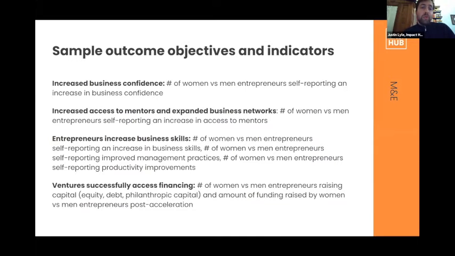So some of the key ones would be increasing confidence of those women entrepreneurs, their business confidence, that they believe that they can succeed in the business, increasing their access to mentors and expanded business networks, increasing their business skills, and ventures successfully accessing financing. So for all of those, you're going to be looking at how the women entrepreneurs are benefiting from the program in comparison to the men, especially.